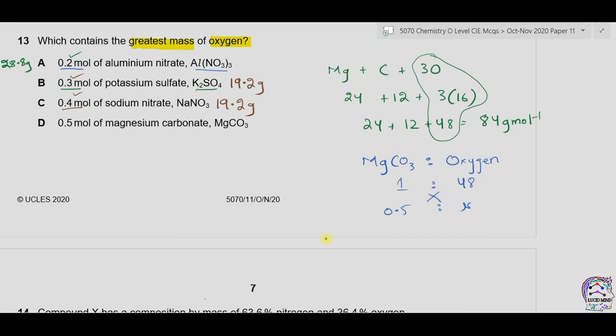By cross multiplying, the mass of oxygen is equal to 24 grams. As we can see that the greatest mass of oxygen is still in A, so therefore the answer is A.